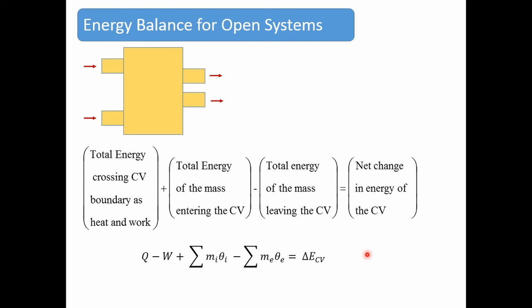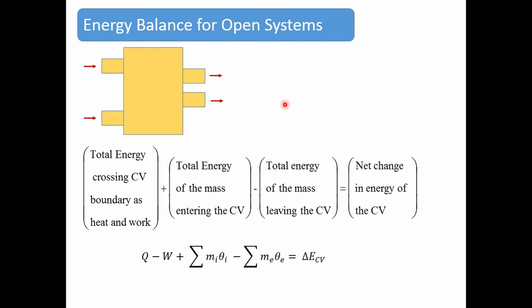This can be expressed as an equation like this. There is a heat supplied to the system, minus work done by the system, plus this is the total quantity of energy transferred to the system with mass, and this is the total quantity of energy taken out from the system with mass. The sigma or summation is appearing here because a system can have multiple inlets as well as multiple outlets.